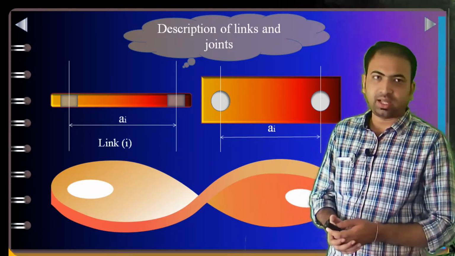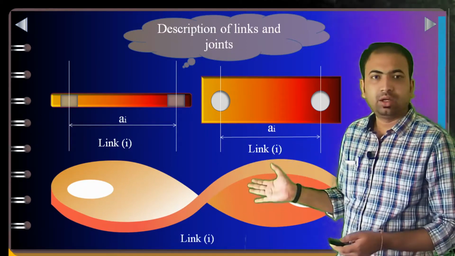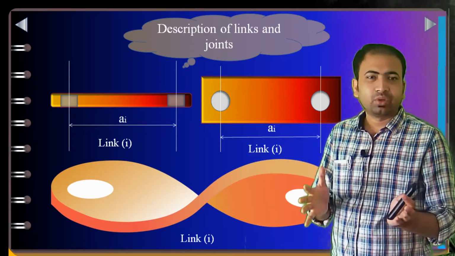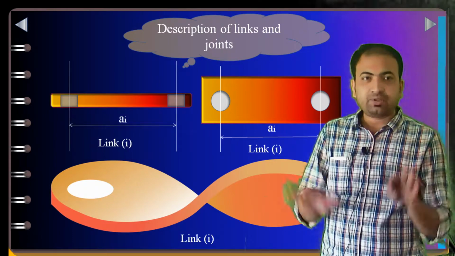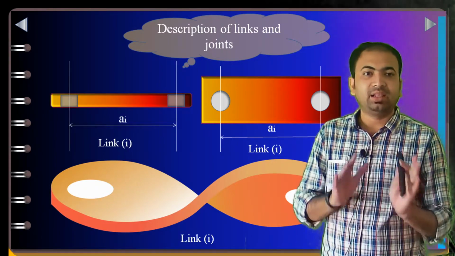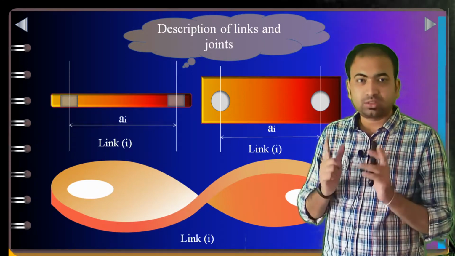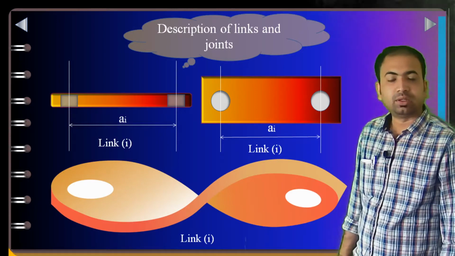In the next slide we are going to check it. All these are the same link. In the first two cases we saw the same link when it is not twisted, or when it is flat. After giving a twist by an angle alpha or alpha_i, as the link is called i, we will get something like this figure.